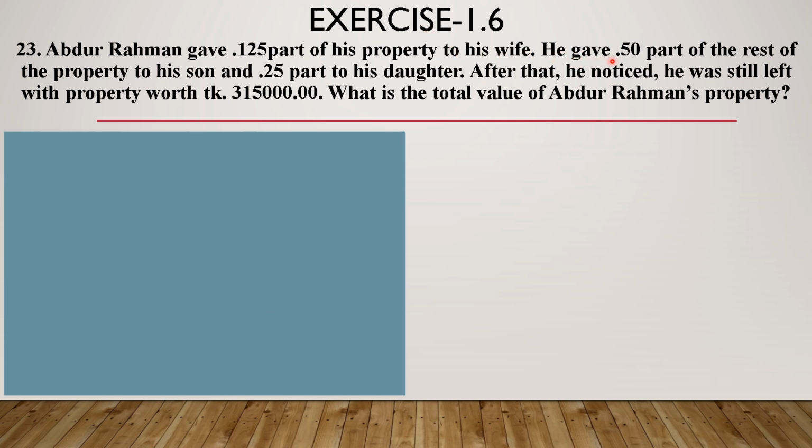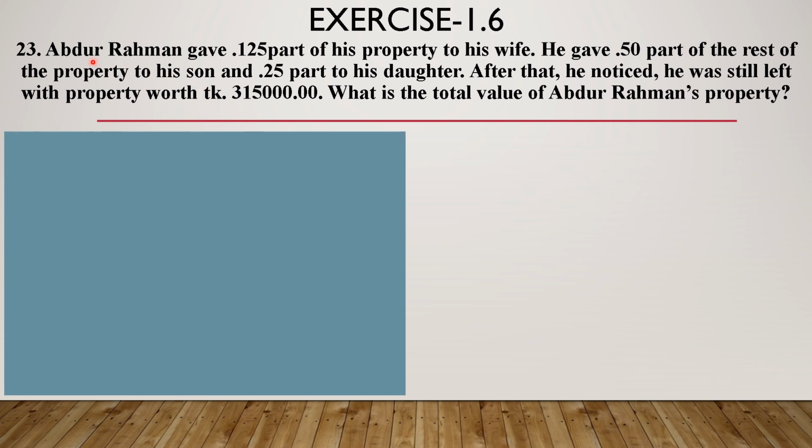He gave 0.50 part of the rest of the property to his son and 0.25 part to his daughter. After that, he noticed he was still left with property worth Taka 3,15,000. What is the total value of Abdur Rahman's property? Here, worth means the price of the property, that is 3,15,000.